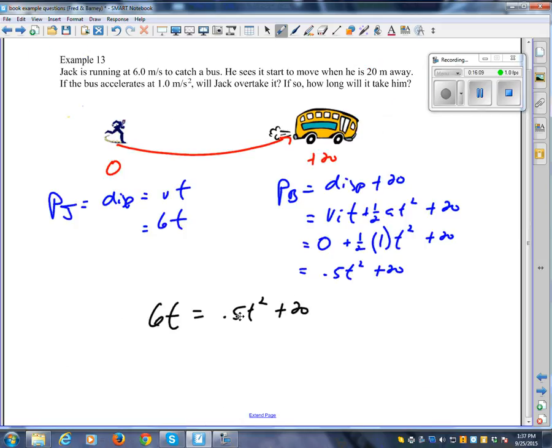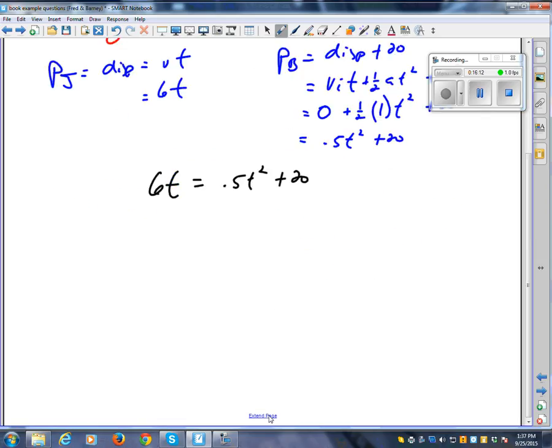We all like to have our t squareds positive in our quadratic formula ones. So I'm going to have 0 equals 0.5 t squared, the 6t becomes minus 6t, plus 20. You want to factor that?